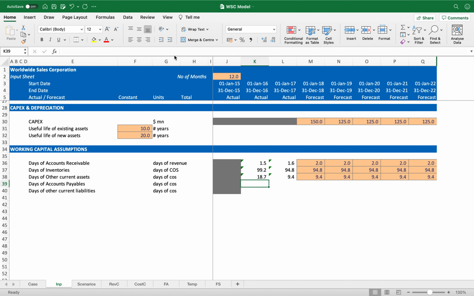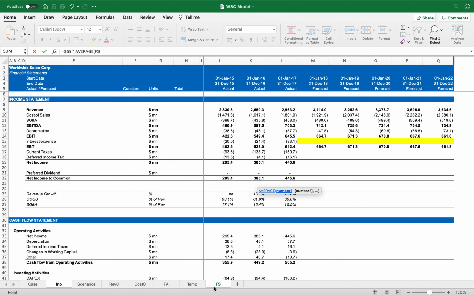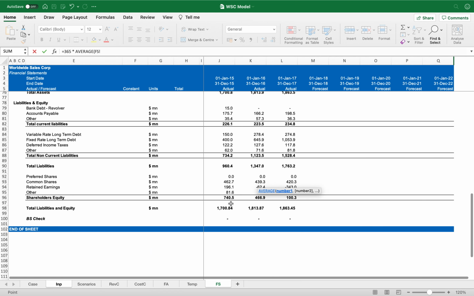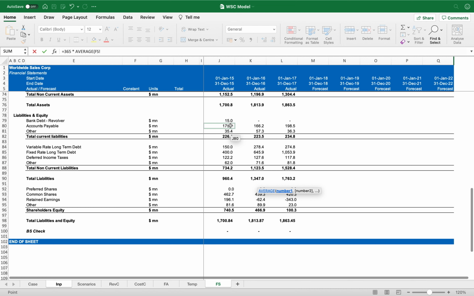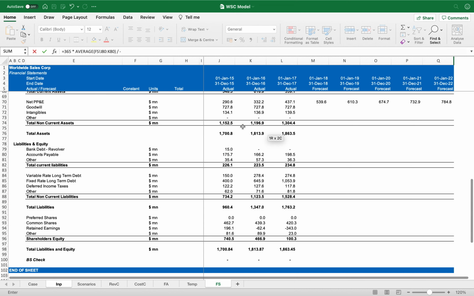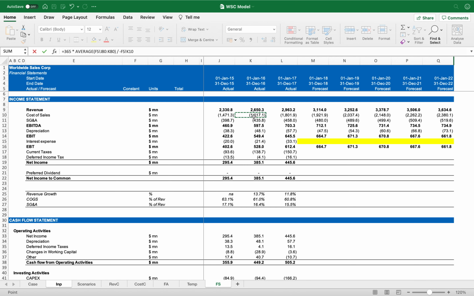Days of accounts payable, do it the same, 365 multiplied by average accounts payable, here it is, divided by cost of sales.